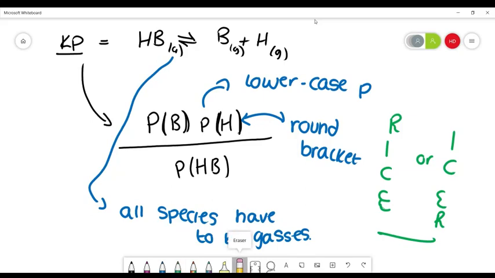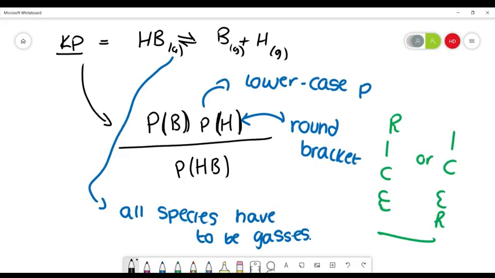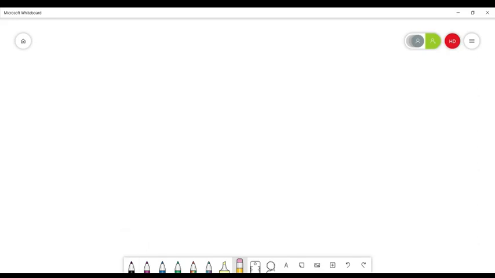So, cool. Once you've worked out the partial pressures, plug the numbers into your expression, and you should get the final value.